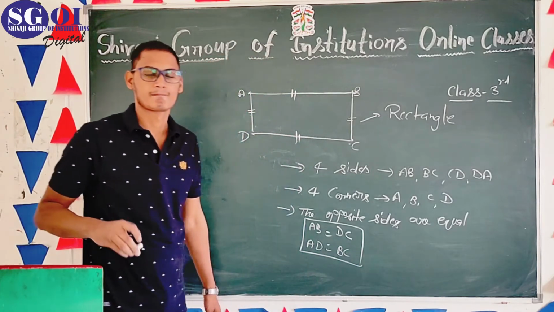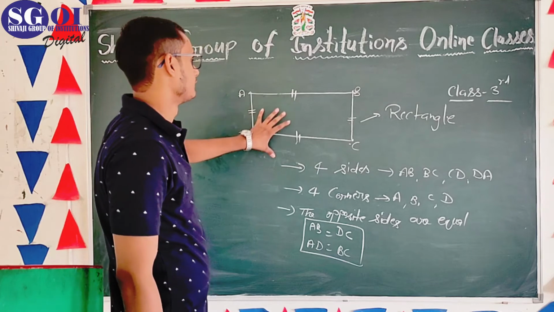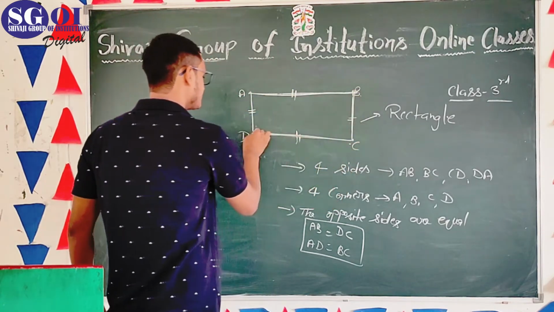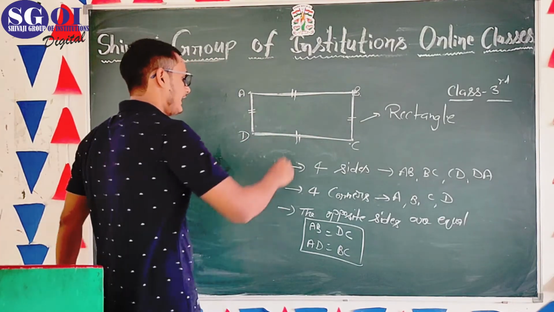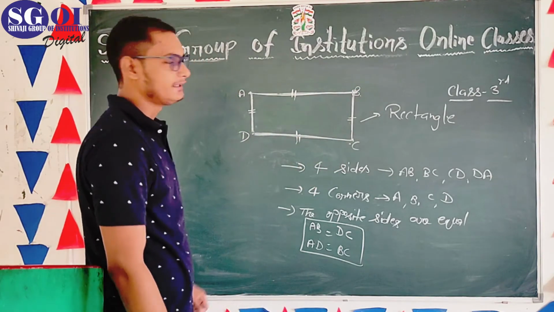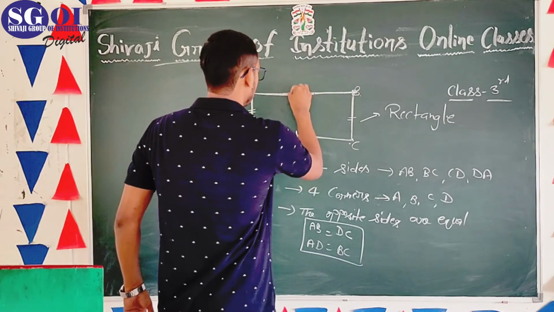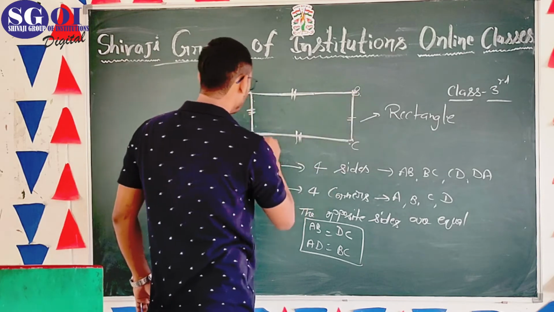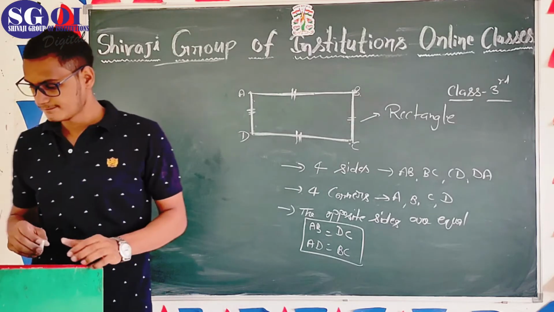These are the properties of rectangle. Rectangle has four sides AB, BC, CD and DA, and it has four corners A, B, C, D, and the last property, the opposite sides are equal. AB is equal to DC, AD is equal to BC.